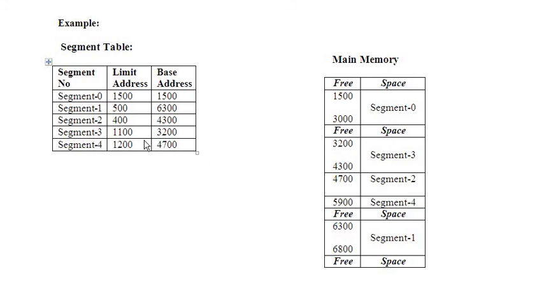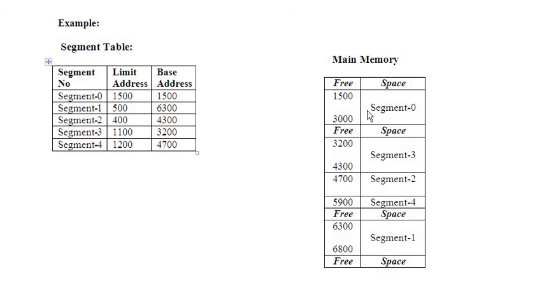Now after 5900 I have 6300, so between 5900 and 6300 I have some free memory space. Then I start at 6300 and add the limit, and 6800 is the end. That means in the range 6300 to 6800 segment 1 will fit, and later I have some free space.